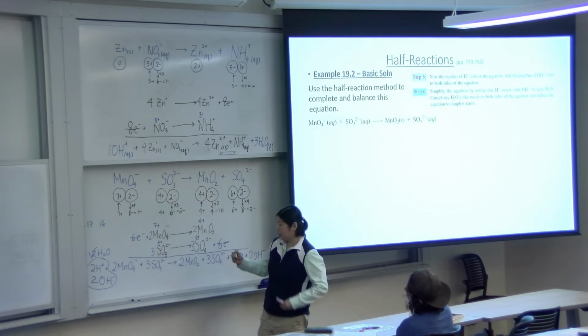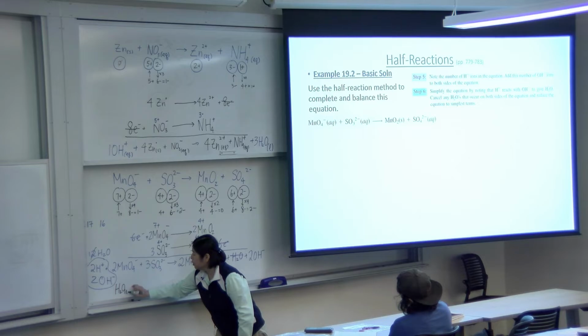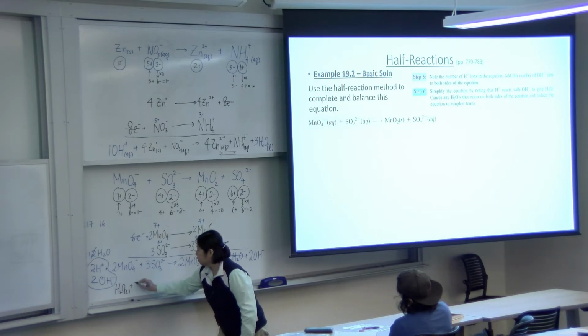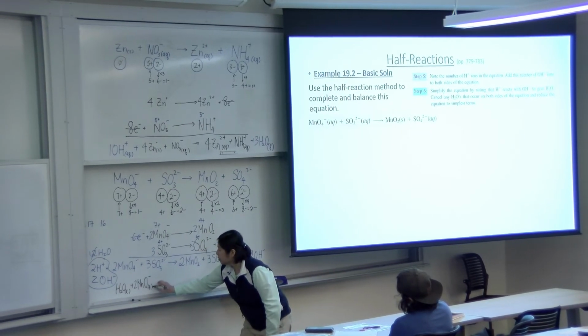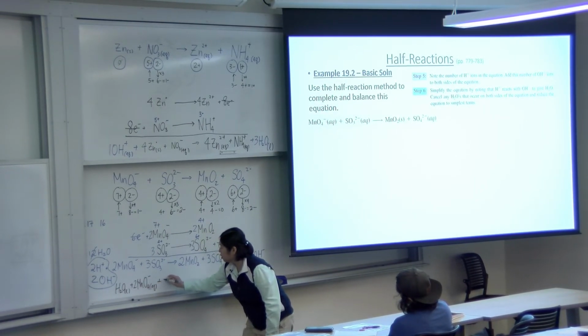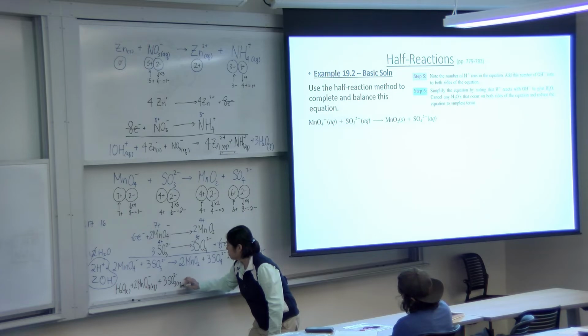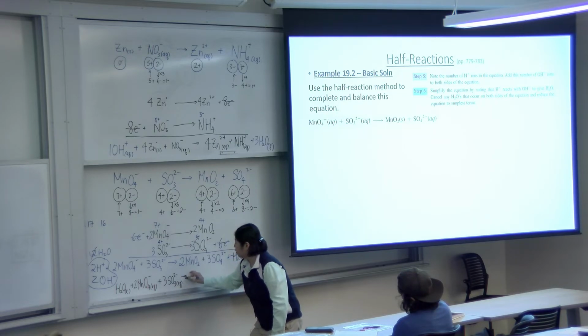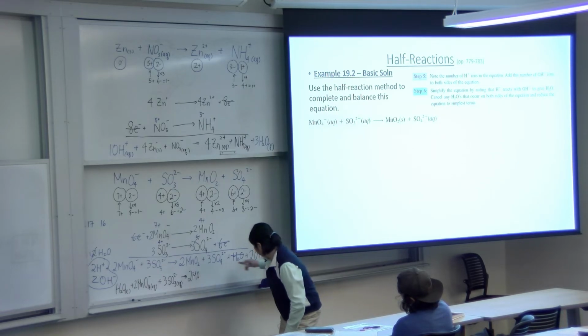I'm going to write it kind of small here. Your ultimate answer should be H2O liquid plus 2 MnO4 minus, aqueous, plus 3 SO3 2 minus, again aqueous, becomes 2 manganese oxides.